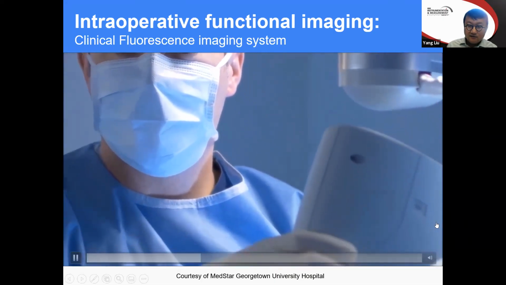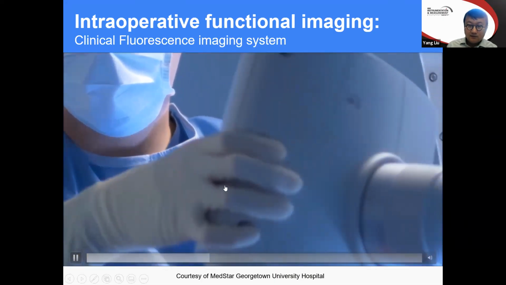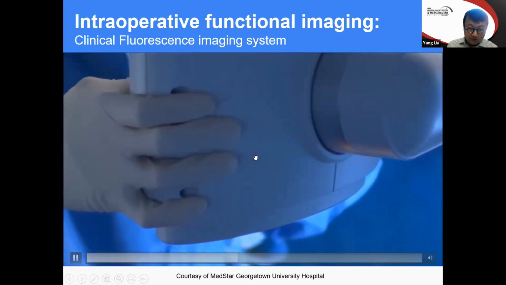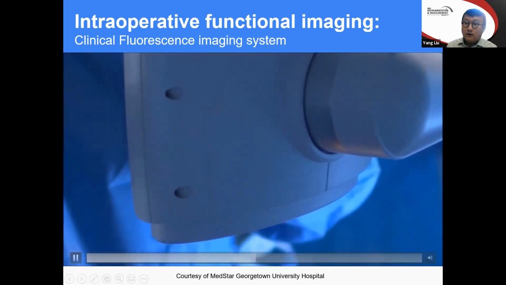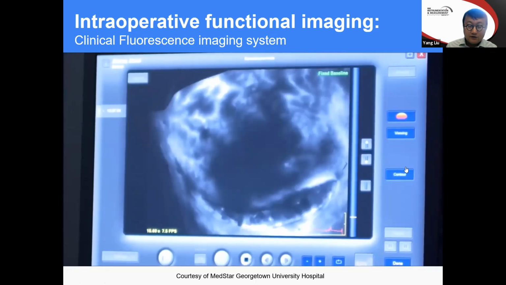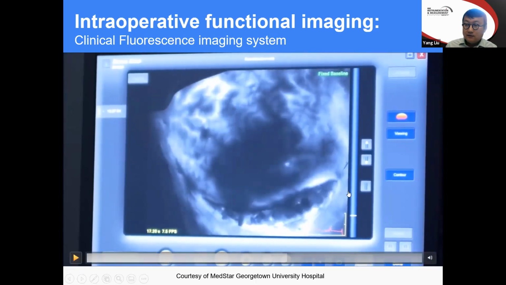So you can see that this is the fluorescent imager. The surgeon can place this on top of the patient, right? So here you see the fluorescent image.